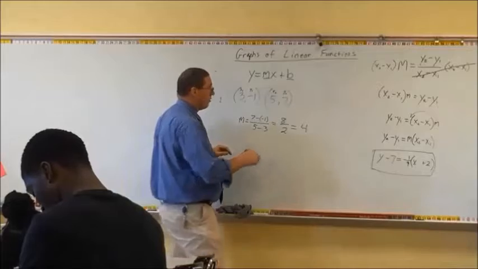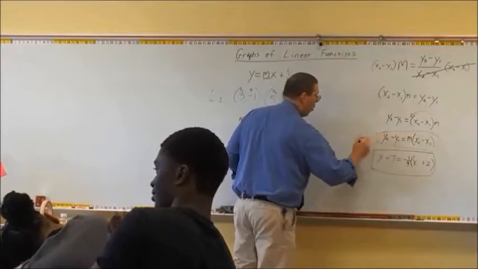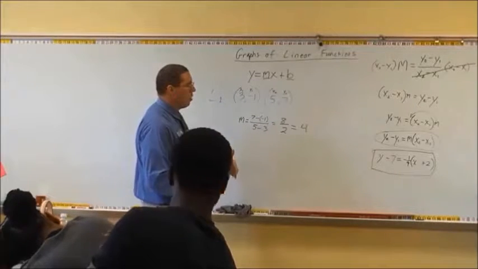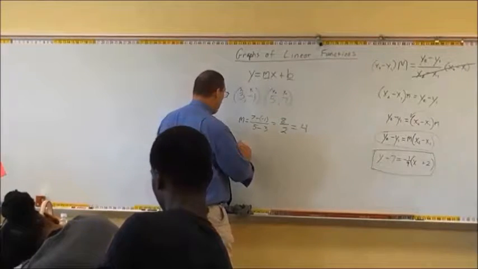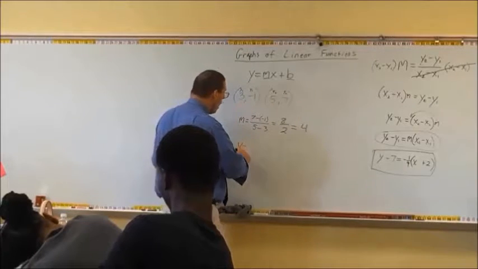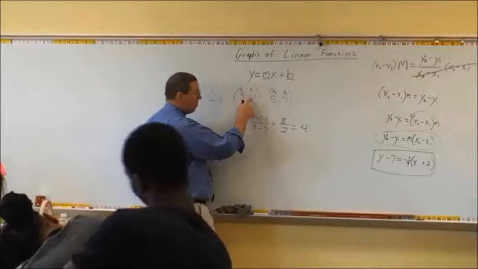Now, we're going to take this form right here, y minus y1 equals slope times x minus x1. So it's going to be y minus, I'm going to pick this one first. Y minus negative 1. It's got to be the y value, so it's got to be negative 1.